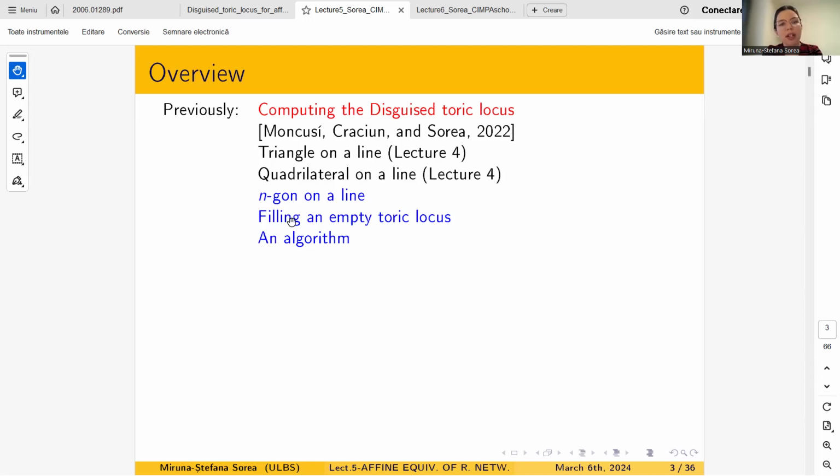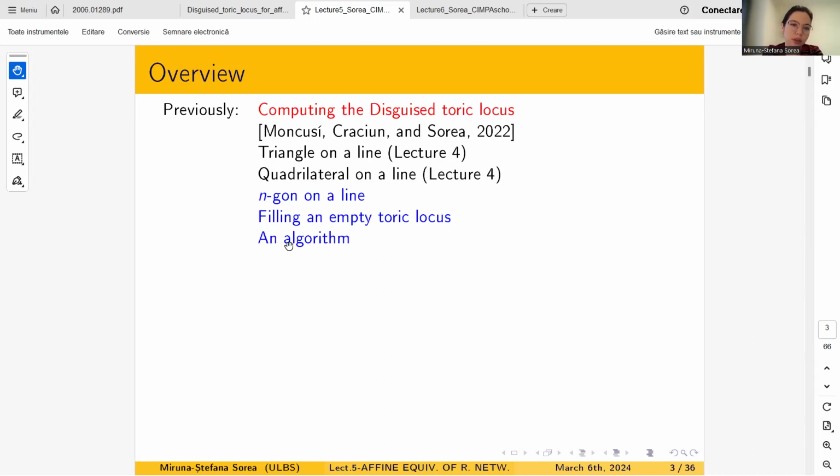And then we will also see an example of a case where the toric locus is empty because the network is not weakly reversible. So the combinatorics of the network stops it from having anything in the toric locus, but actually the disguised toric locus has positive Lebesgue measure.